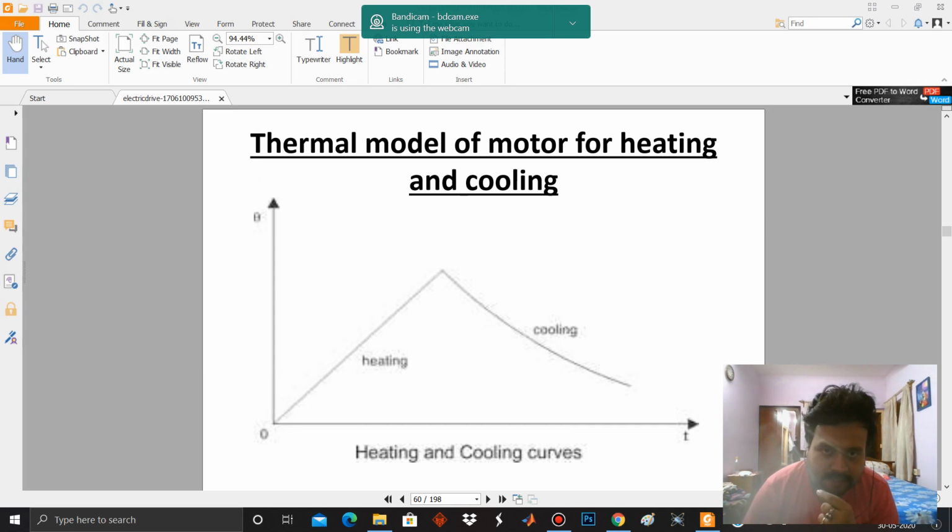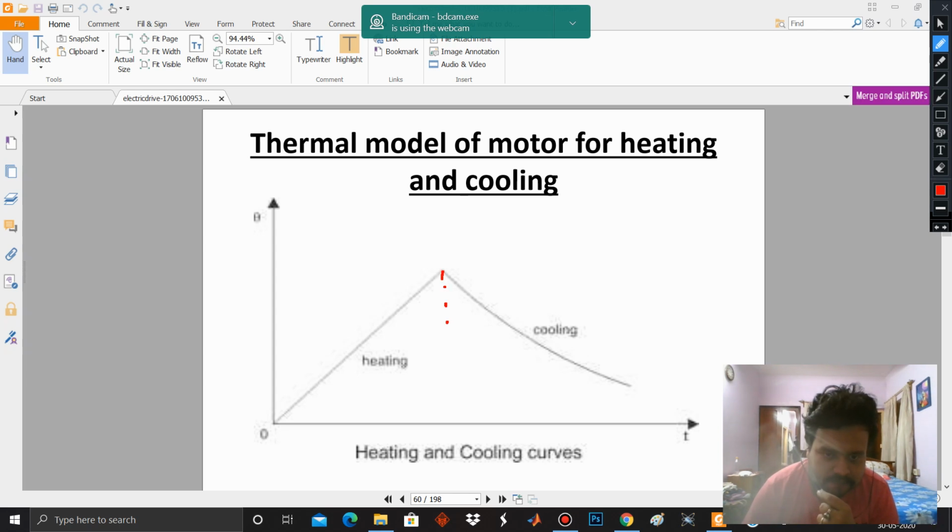So, actually, let us study the heating and cooling curves of a motor when it is operated. Suppose there is a motor which is turned on at t equal to 0, that is over here, and it is allowed to operate for t equal to say t1 time, and after that it is turned off.